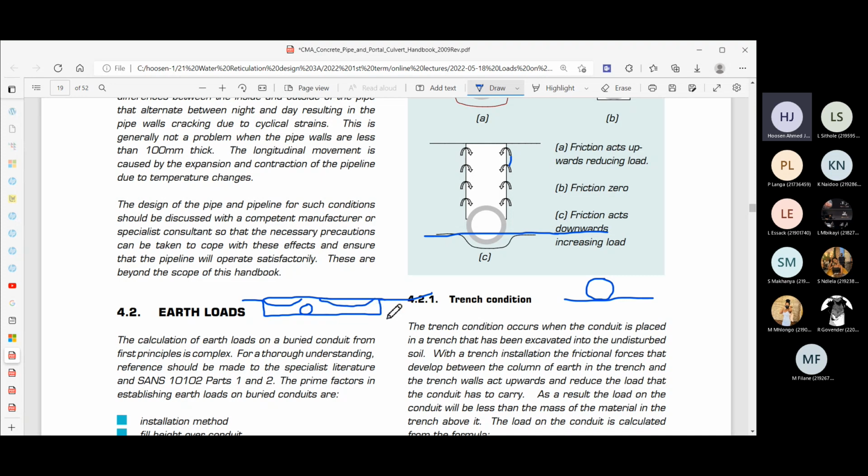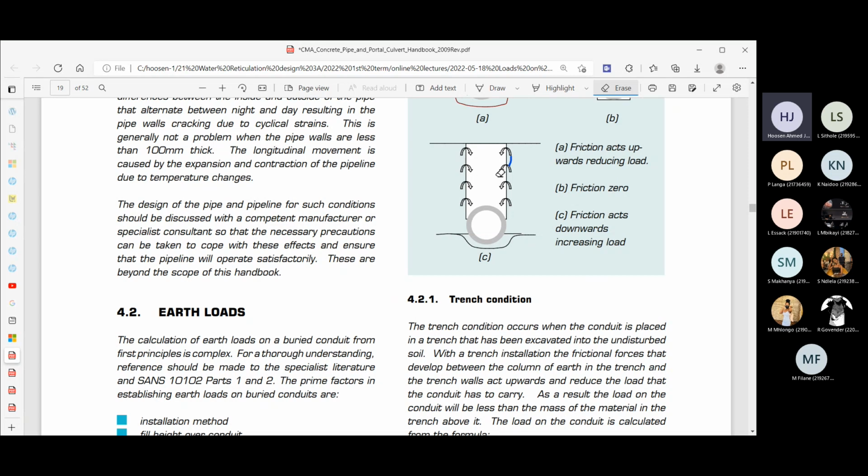The friction you're developing over there will make no difference, and you'll still get the drag force happening down there. So you still have an embankment condition, even though it's in a trench, but it's a very wide trench. So for the embankment condition, there are these three situations that can arise, and there are formulas for determining the loads on the pipe.